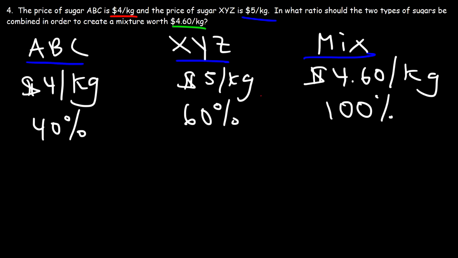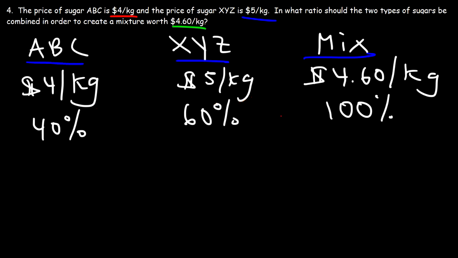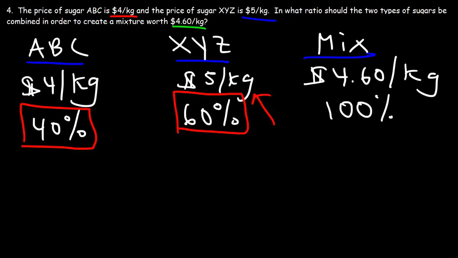Notice that we have more of the expensive sugar and less of sugar ABC. So because we have more of this sugar, the average is closer to 5 than it is to 4. So that makes sense.